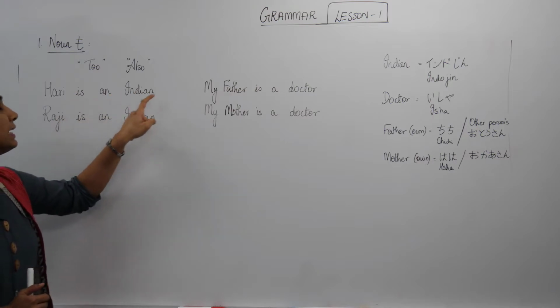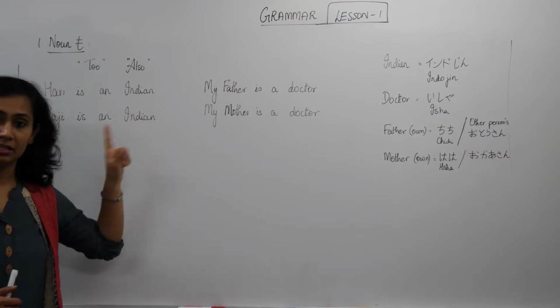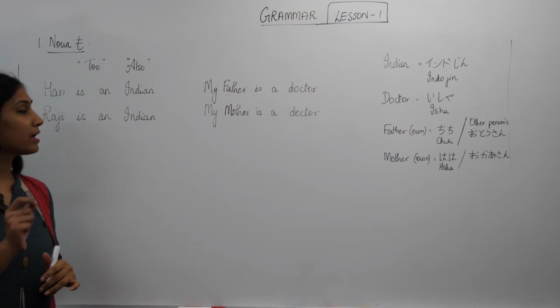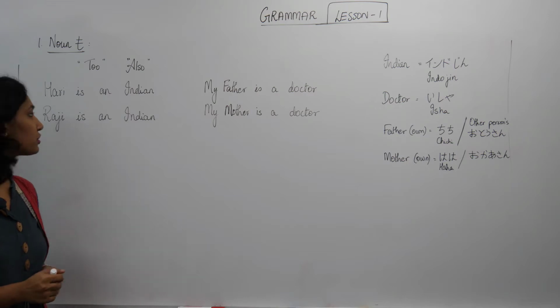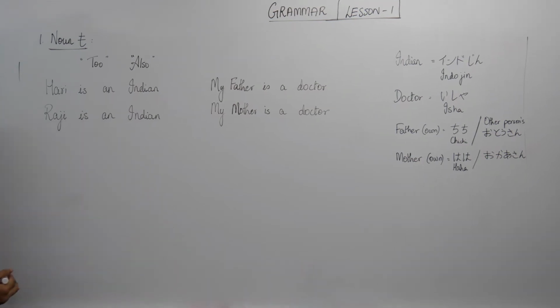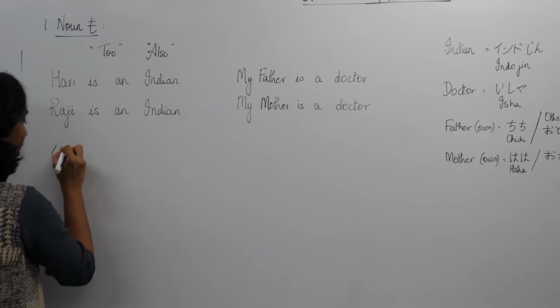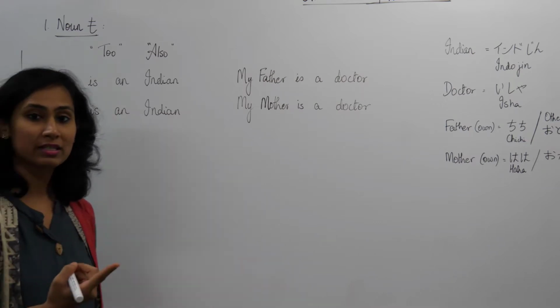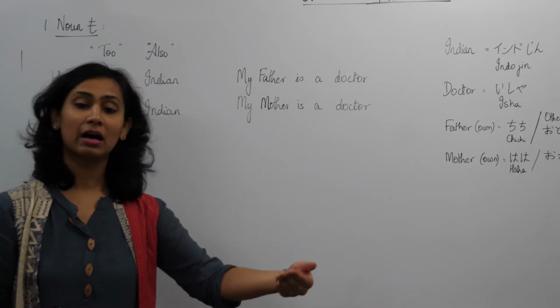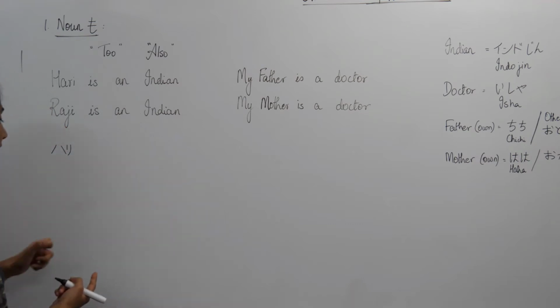Hari is an Indian. Raji is an Indian. Let's write these two sentences in Japanese first. Hari, writing this in katakana. And by now you know that whenever you are addressing some third person, it should be done along with the name suffix.